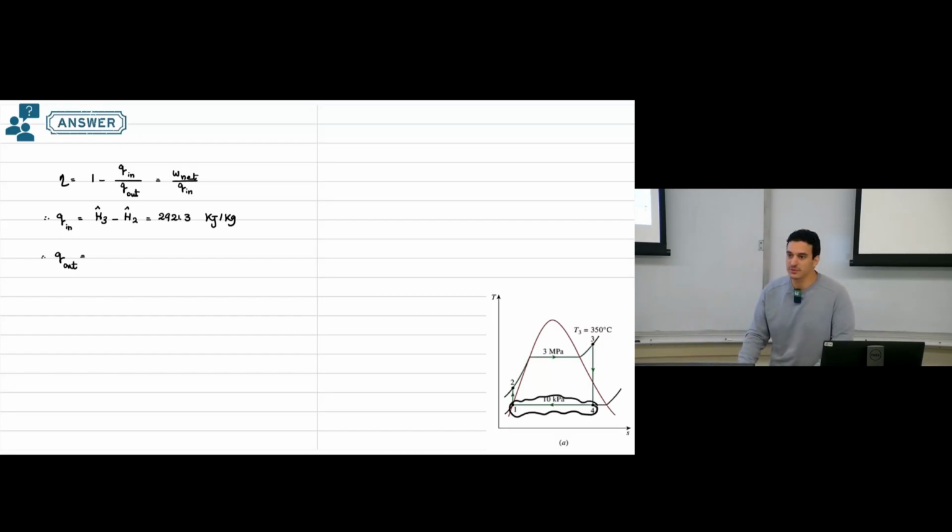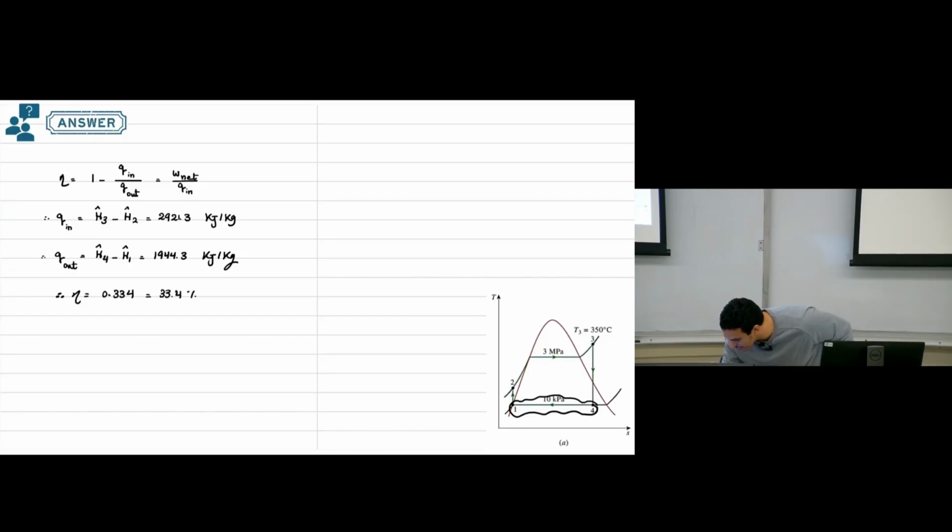So Qout will be H4 minus H1, which is 1944.3 kilojoule per kilogram. Substitute in the equation, then the thermal efficiency will be 0.334, which is 33.4%.